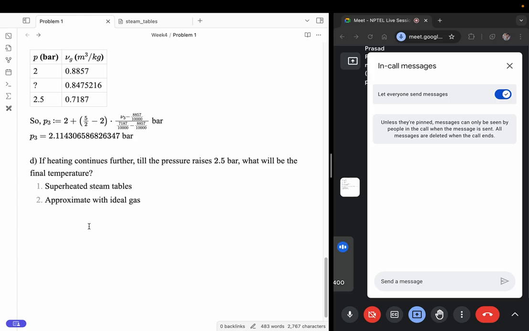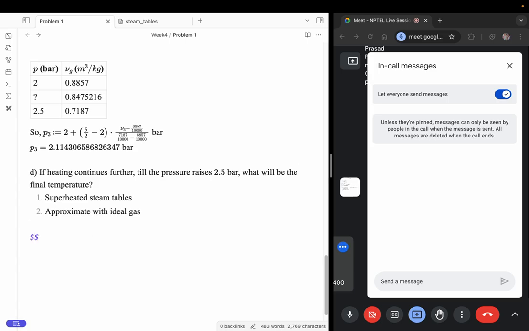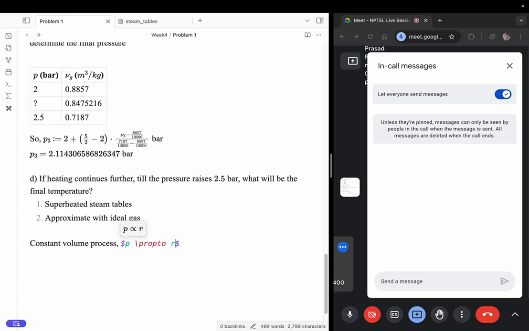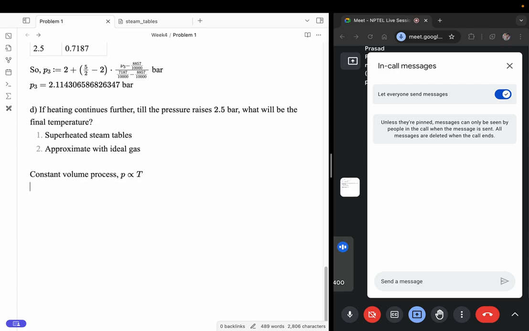So in case of an ideal gas, we know that this is a constant volume process, so P is proportional to T. We already know the final pressure, and we already know the initial pressure, so let's say P4.